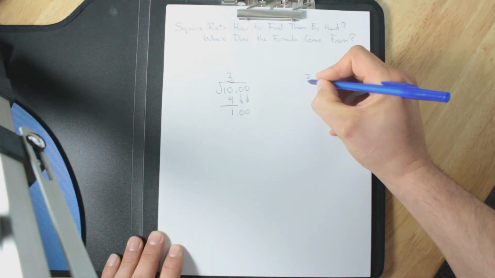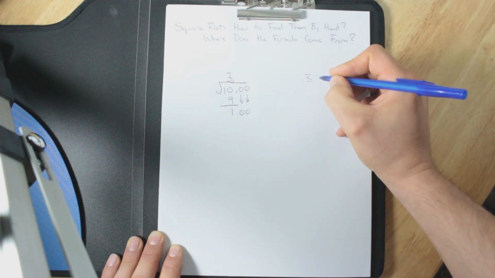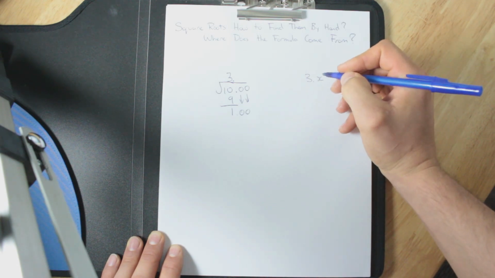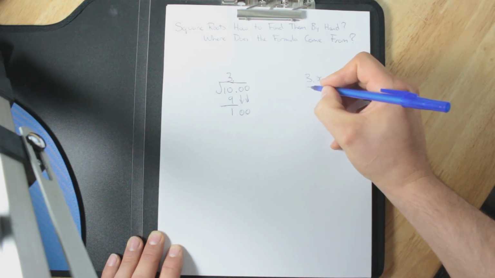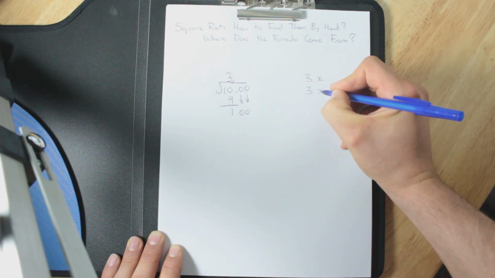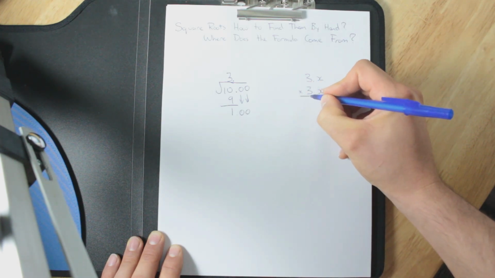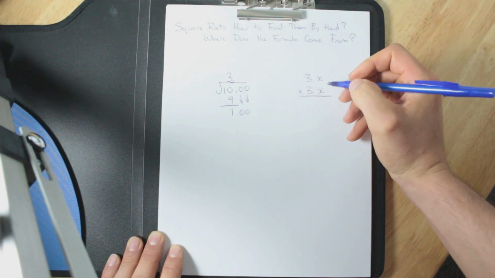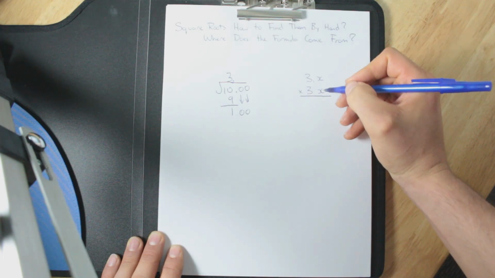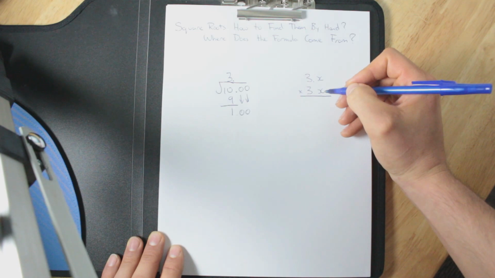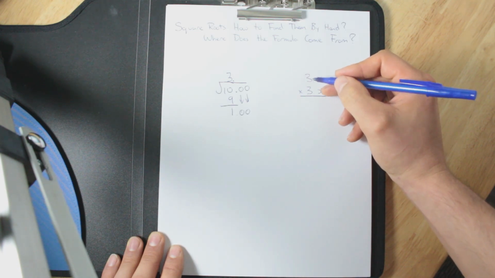So 3 point x, and x is going to represent the decimal number that I'm missing, times 3 point x. Now, what I'm going to do is just do this multiplication with the x in place of the decimal.